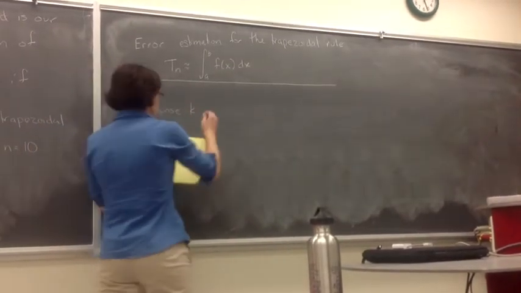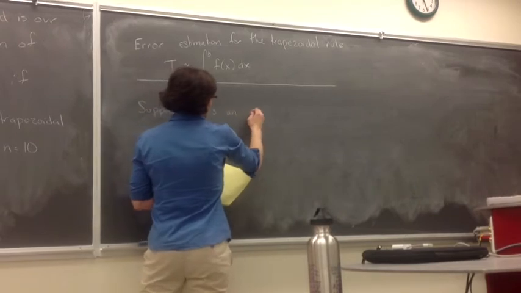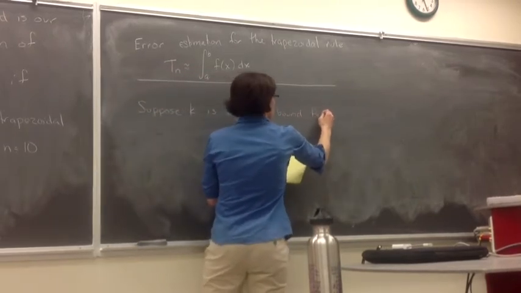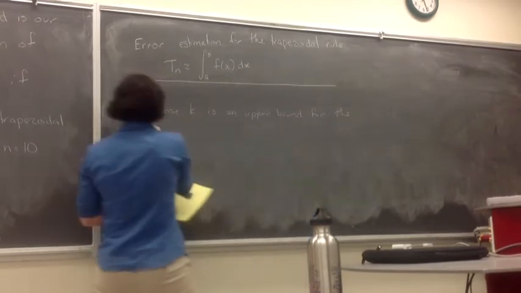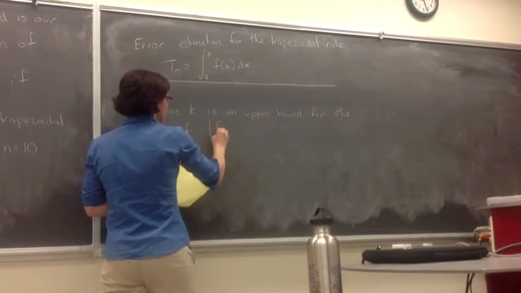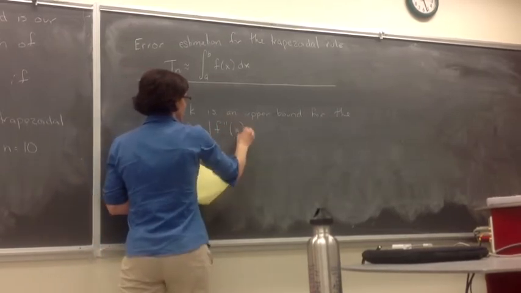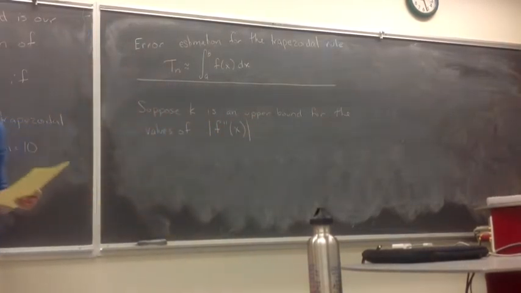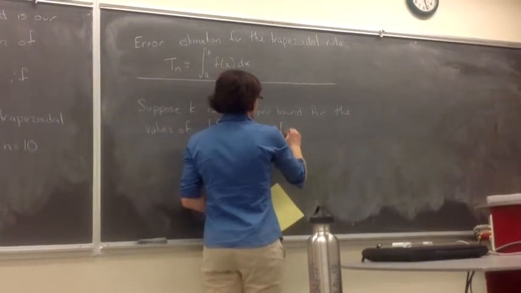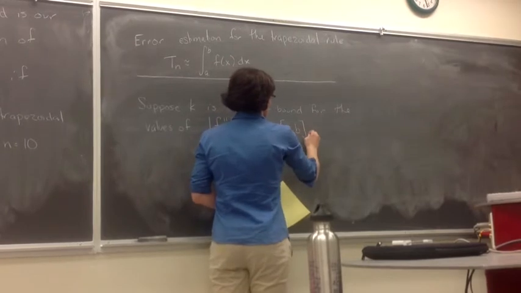Suppose K is an upper bound for the values of the absolute value of f double prime of x on the closed interval from a to b.